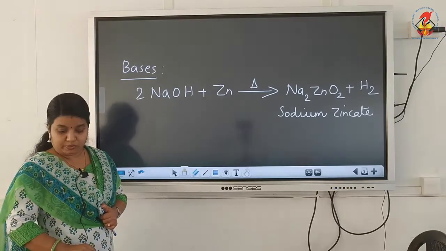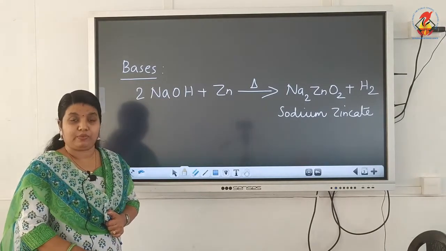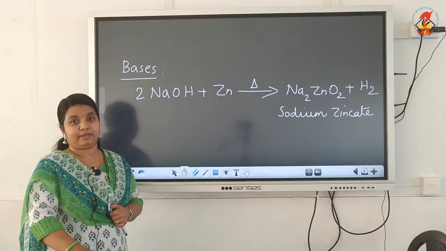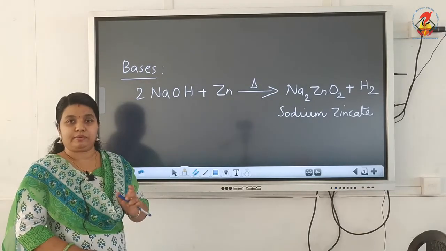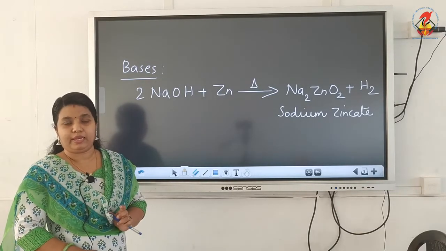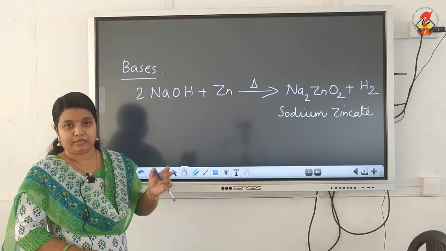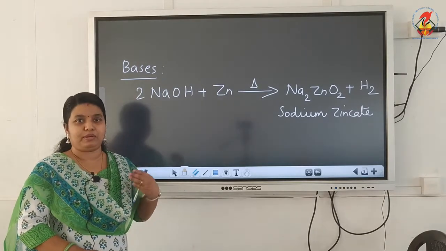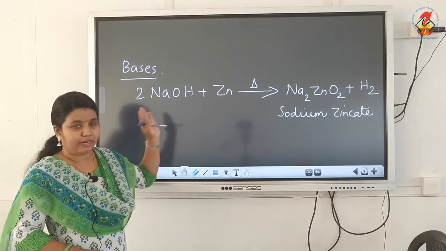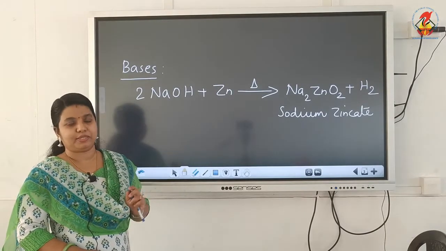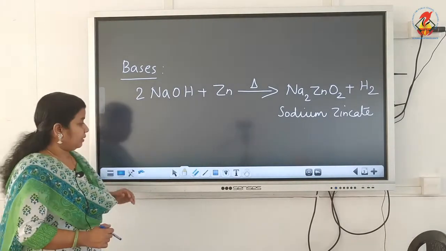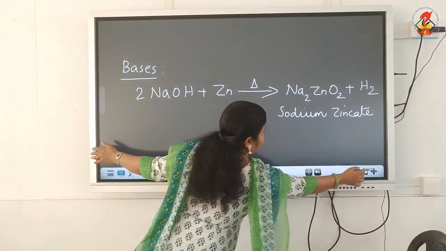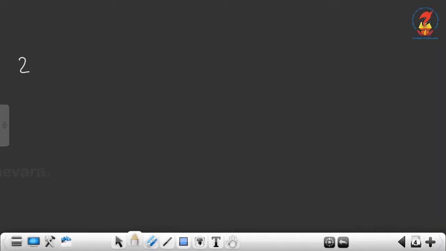Okay. So with that, the first reaction, reaction of acids and bases with metals, is over. Finally hydrogen gas is evolved. For acids and metals we have to learn more examples; for bases only one example is there. Test for hydrogen gas is very important. Okay. So now we move on to the second reaction.